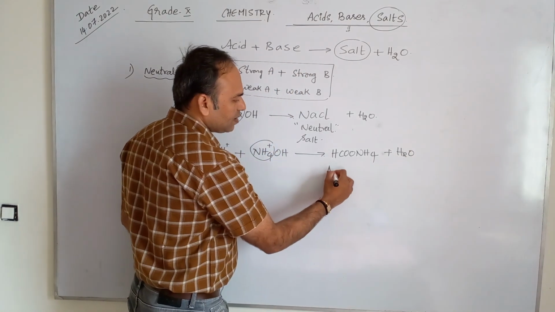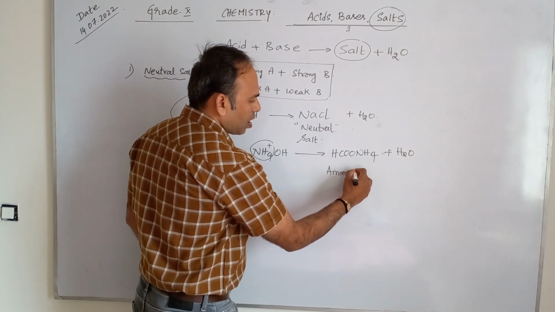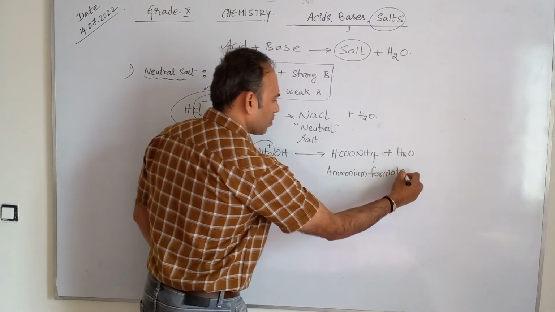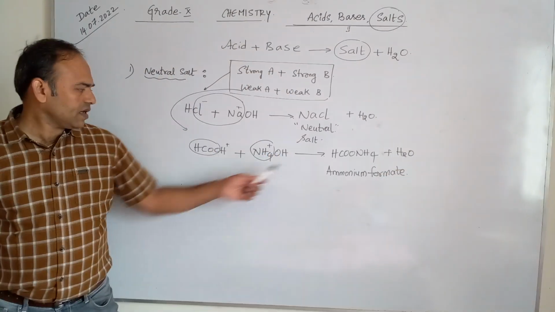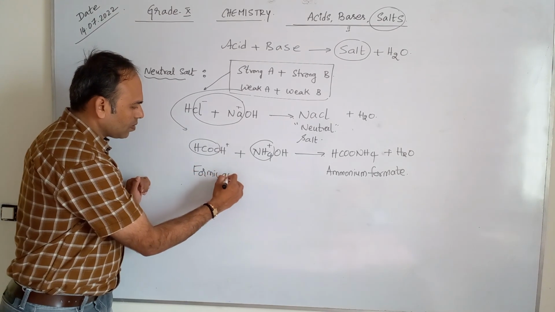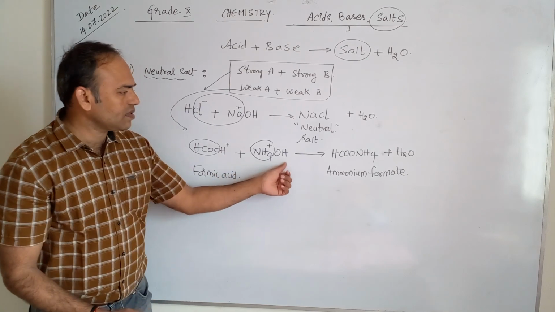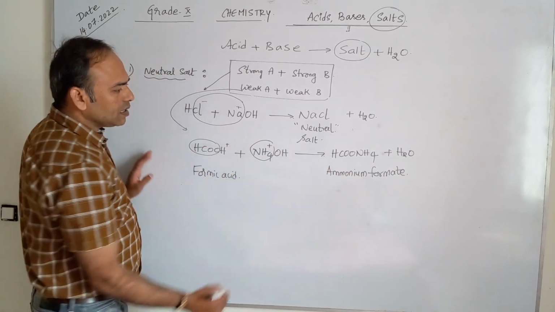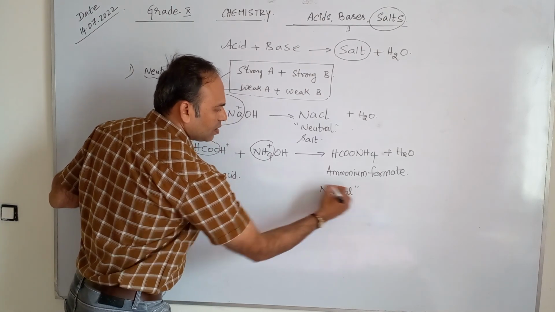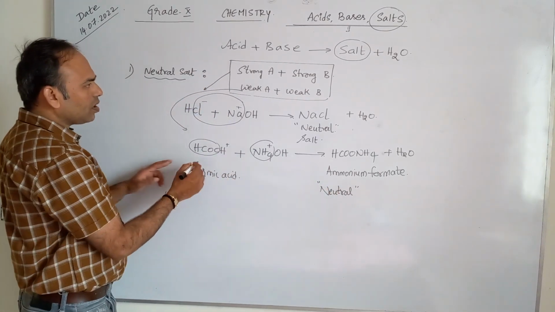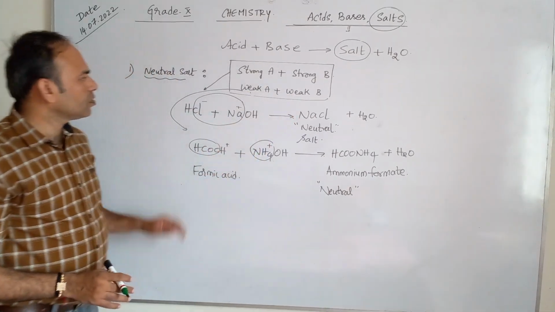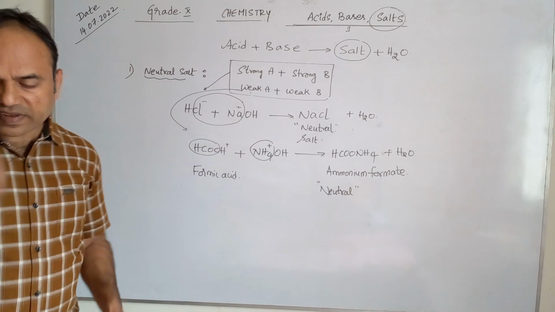This is called ammonium formate. So formic acid plus ammonium hydroxide gives ammonium formate. This is also a neutral salt. Why is it neutral? Because the acid is weak and the base is also weak. So hope you have understood the first type of salt.